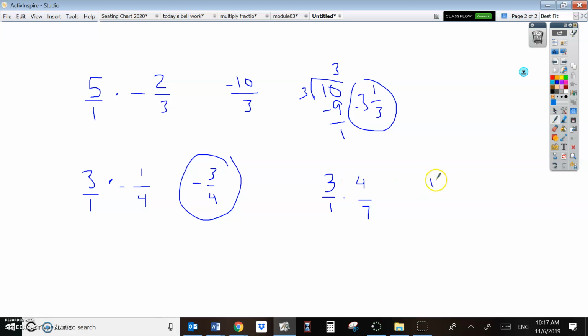Okay, so it's 12 over 7. 12 divided by 7. 1, 7, subtract, you get 5. So it's going to be 1 and 5 over 7.